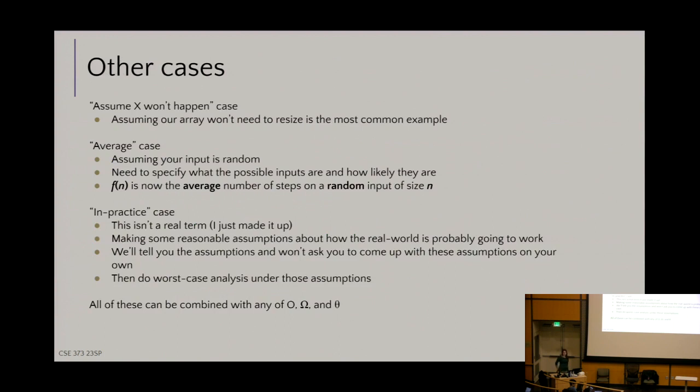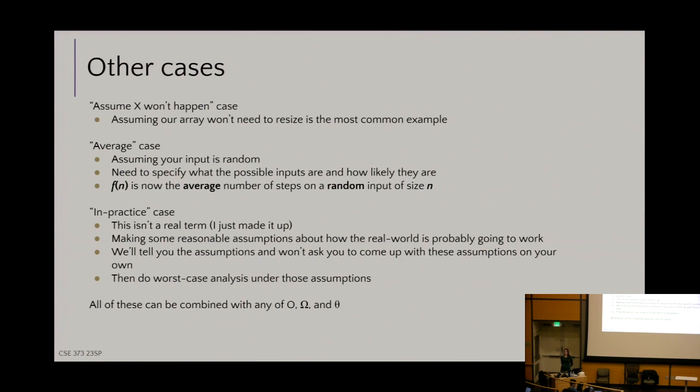Great. Here's some other cases. These are things I'm not really going to talk about for the rest of the class, but hopefully at this point you're like, wow, Casey, there's a lot of ways to think about my code beyond just does it work or not. So here's some other things to think about. We'll talk about code in like, oh, assume this unfortunate thing doesn't happen.